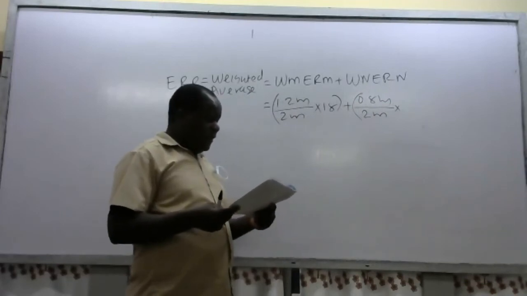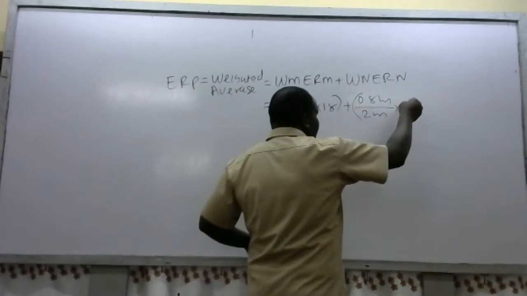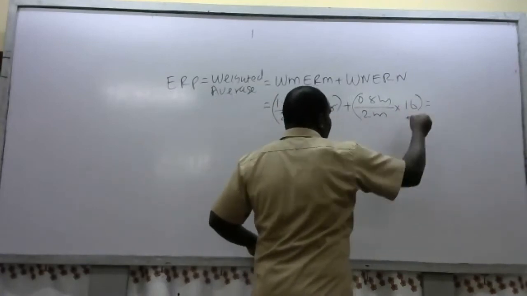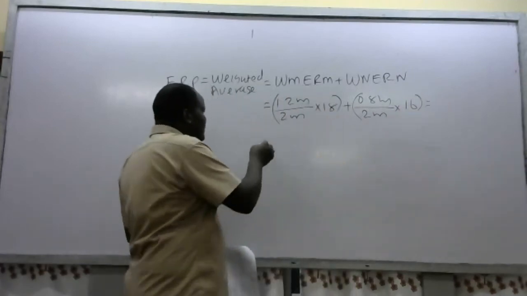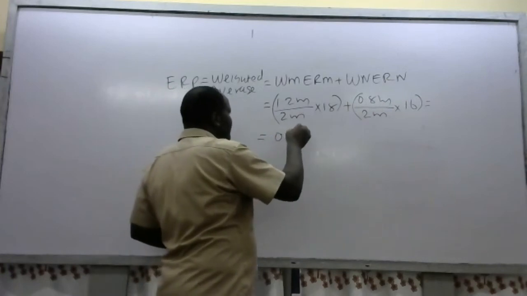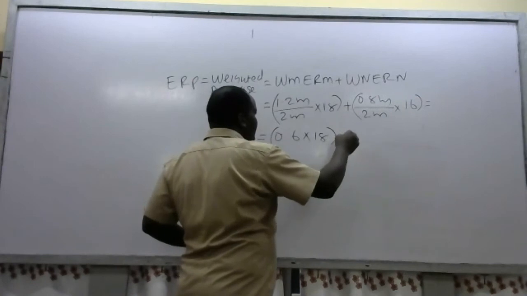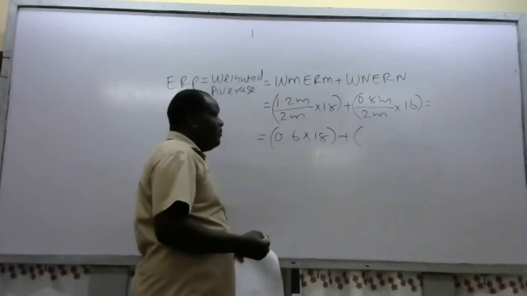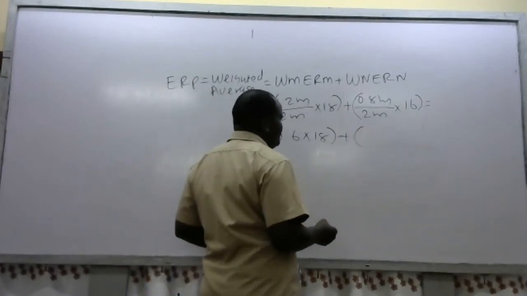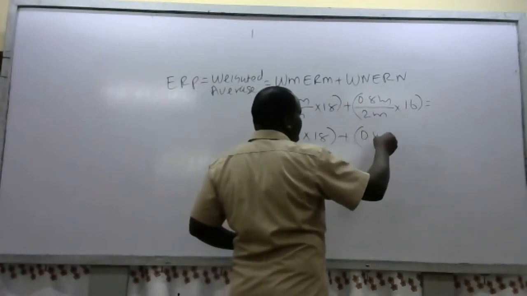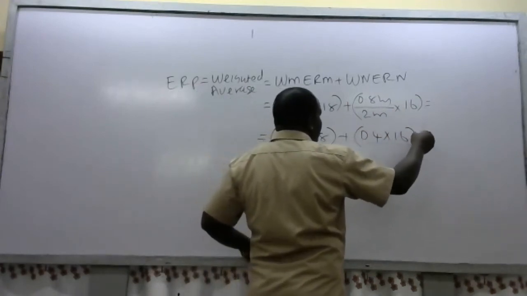Expected return for N was given as 16. So this is the same as 0.6 multiplied by 18 plus 0.4 multiplied by 16.